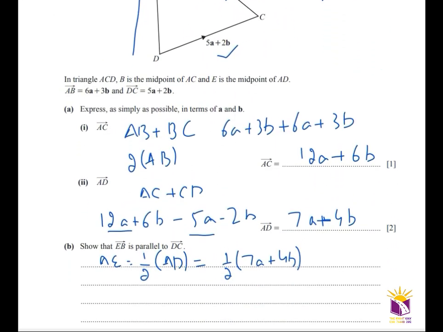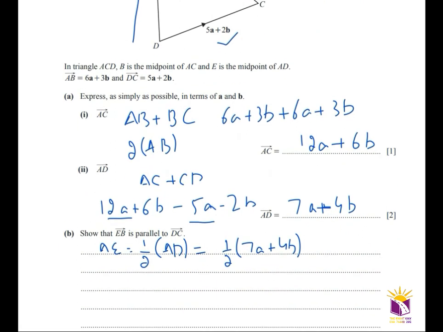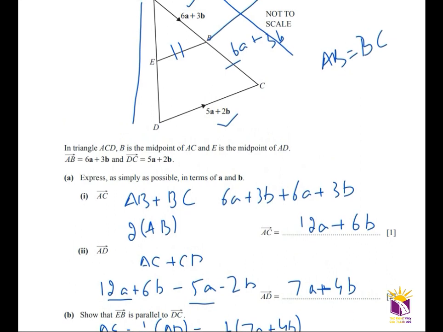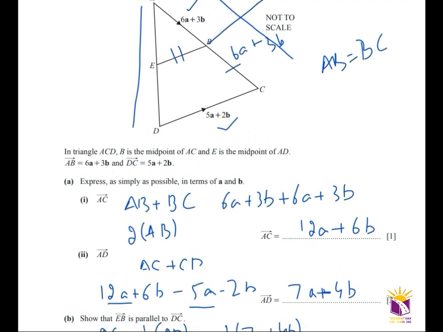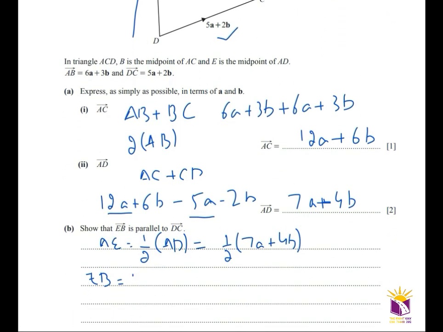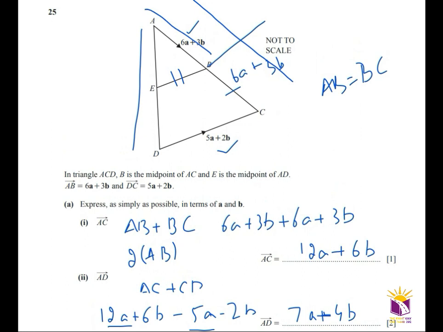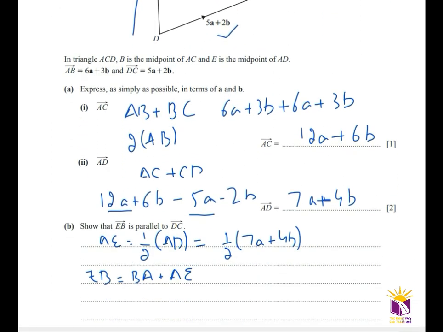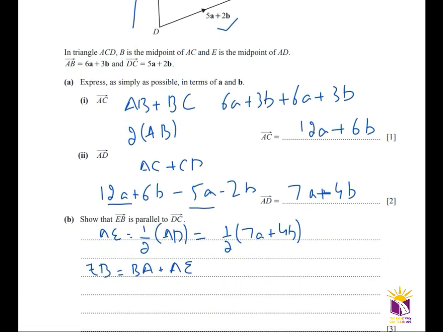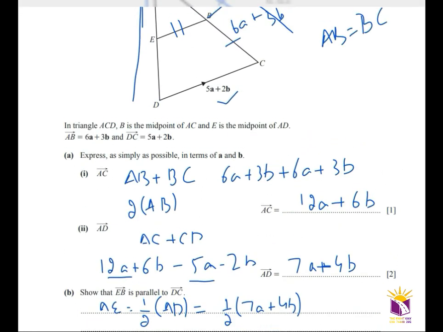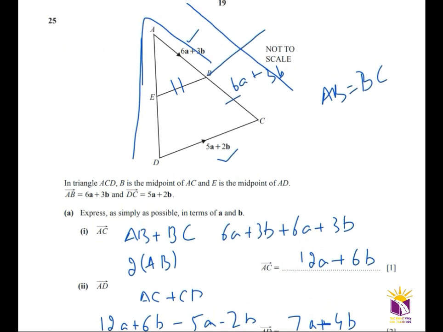Now, EB will be equal to BA plus AE. What is BA? BA is equal to minus 6a minus 3b, as we are moving in the opposite direction.